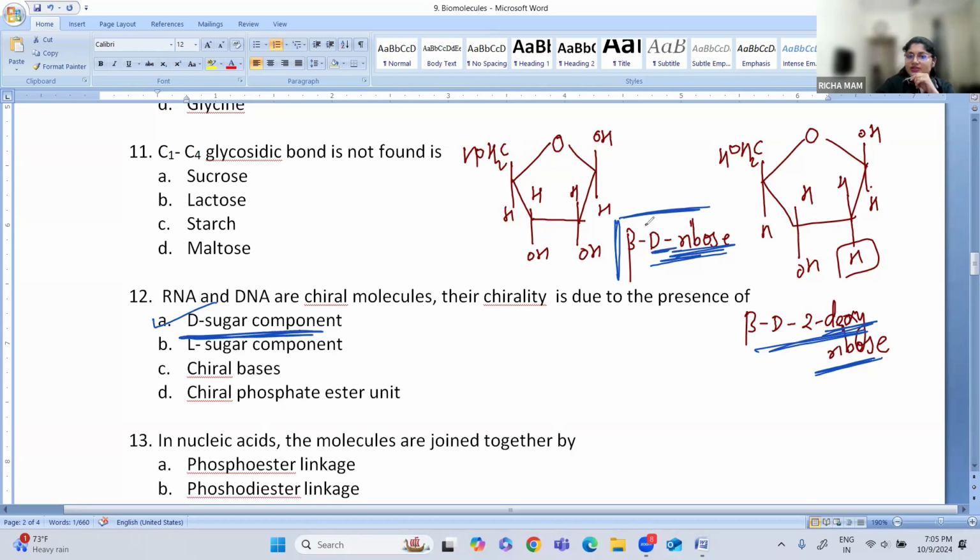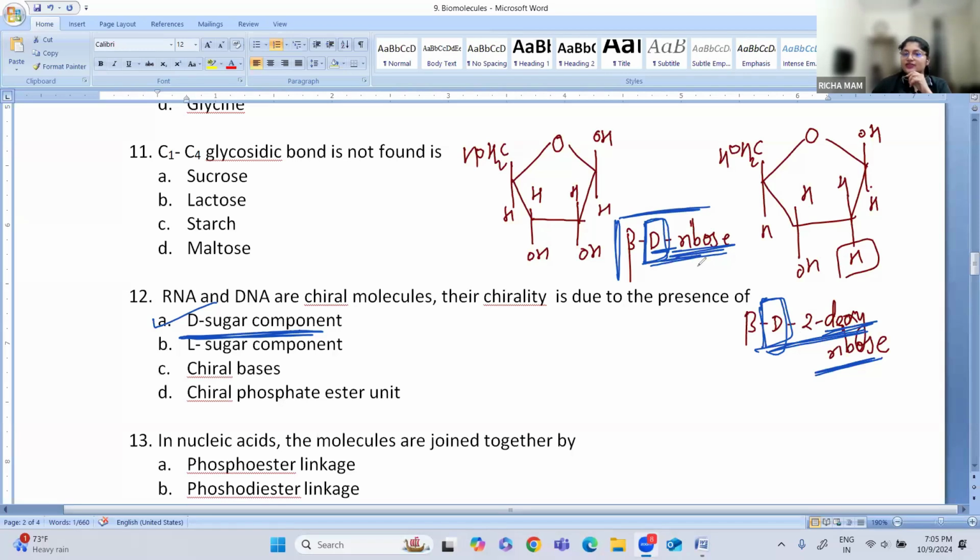DNA and RNA are chiral molecules, and the chirality is due to the presence of these D sugars. So option A. DNA and RNA are both chiral.